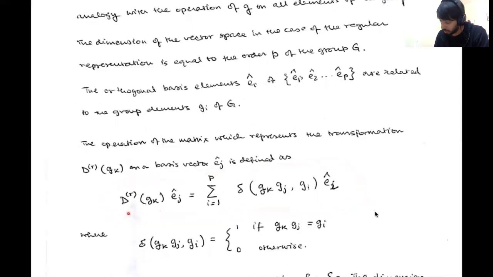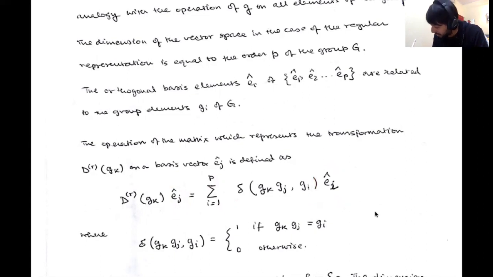So dr on GK, the regular representation of GK, which is an element of the group, acting on this orthogonal basis element EJ gives you this sum over I from 1 to P. P, as you would remember, is the order of the group, and there is this delta function, and you have EI.